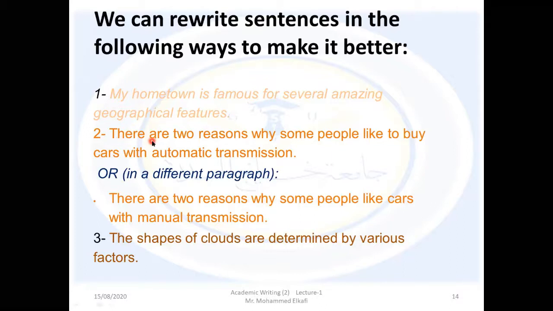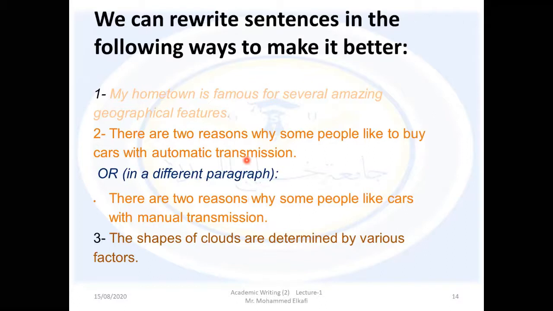The second topic sentence which we made here: There are two reasons why some people like to buy cars with automatic transmission. Now here we have only one topic, so we corrected the problem found in the previous example.